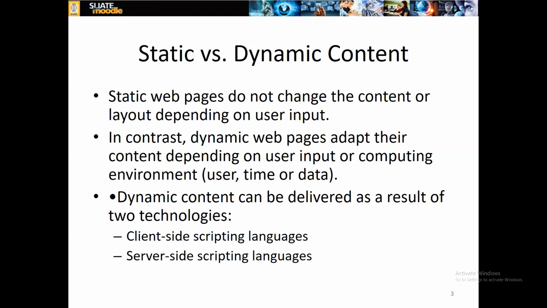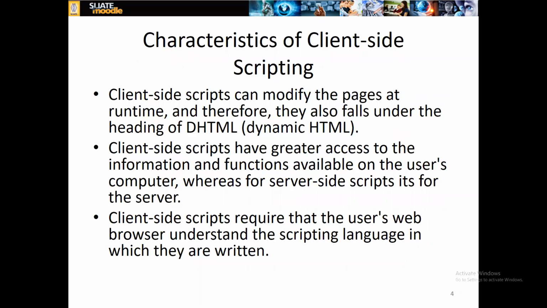Server-side scripting languages include PHP, Java EE, and ASP.NET. Right. Since JavaScript is a client-side scripting language, just like HTML and CSS, it executes on the client machine, but not on the server machine. Server-side scripting languages work on the server machines, right?